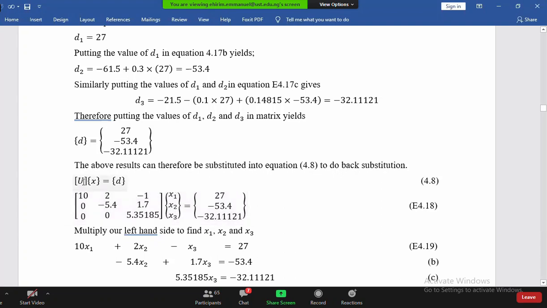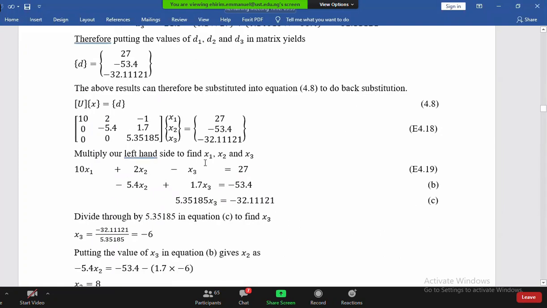You see the equation here, U times x. So you have the upper triangular matrix. That upper triangular matrix will give you this equation, just like we did D. You see it's 10 times x1 plus 2 times x2 minus x3 equals 27.